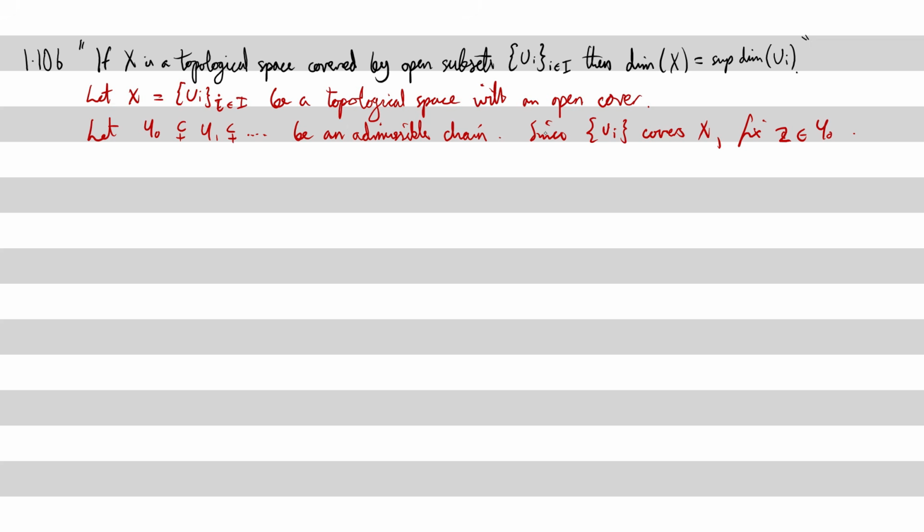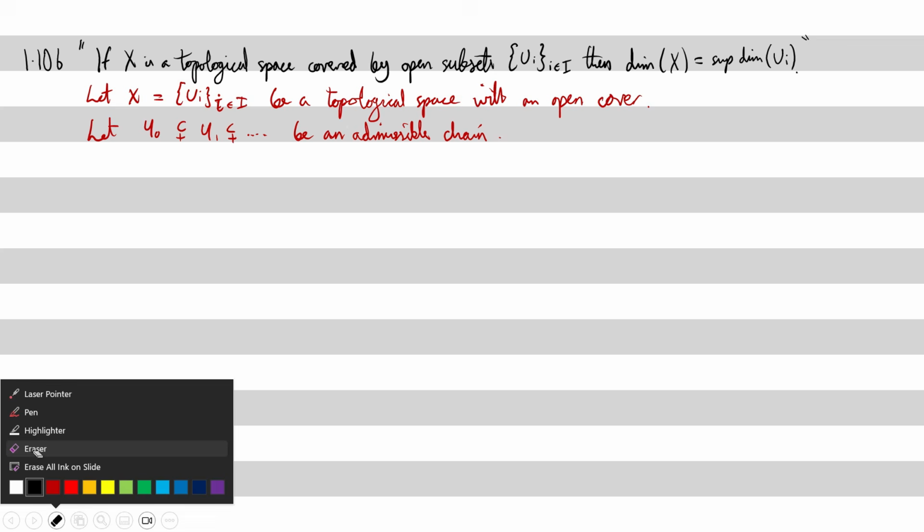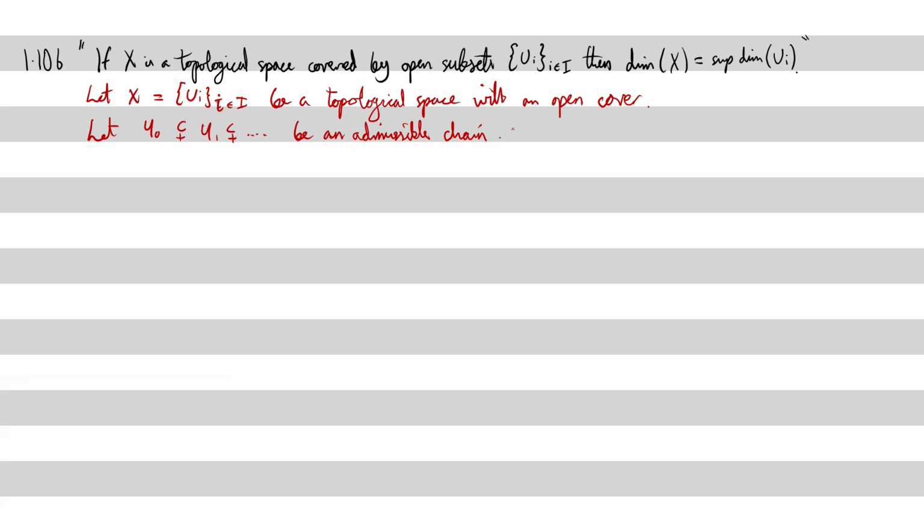I think I should write, well, for any Z in y0 there is an open set, but fix Z in y0. Sorry, I'm confusing myself. Thankfully, this is the only real difficult part.